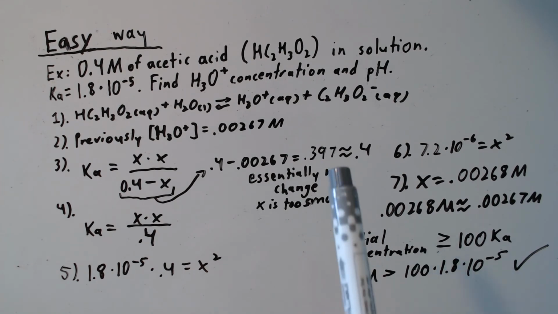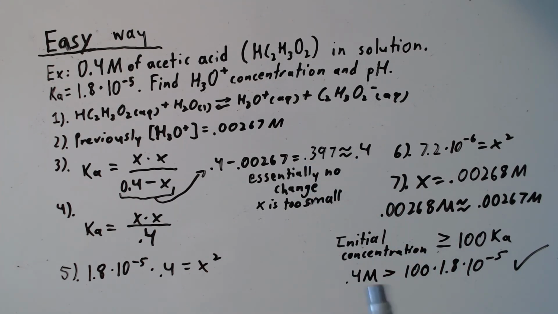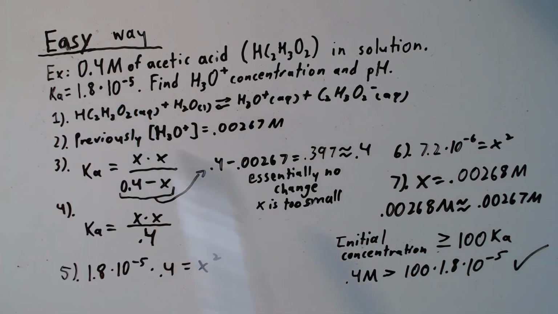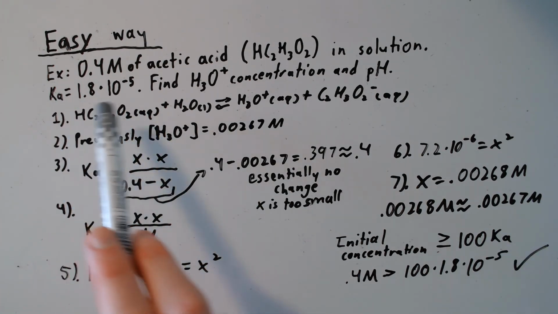But we cannot always use this approximation, unfortunately. We cannot always assume that this x is so small that we can ignore it. We can only use this when the initial concentration of this acid, this 0.4 molar right here, is equal to or greater than 100 times the Ka, this 1.8 times 10 to the negative fifth.